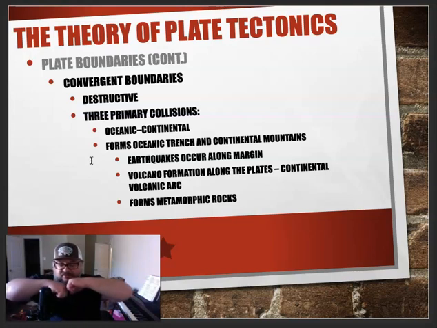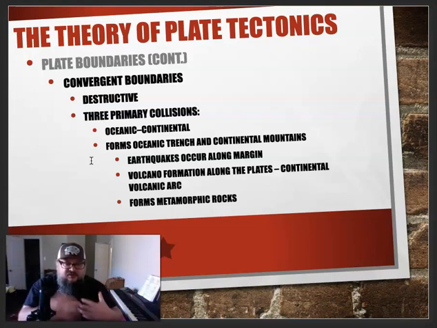Then, as the oceanic plate gets pushed underneath, it's hot, with a lot of pressure down here, so it melts. And as it melts, it becomes less dense than the continent itself. So that melted oceanic plate rises up through the crust, and you get the formation of volcanic mountains. So you get a lot of mountains formed right near those subduction zones on the continents.